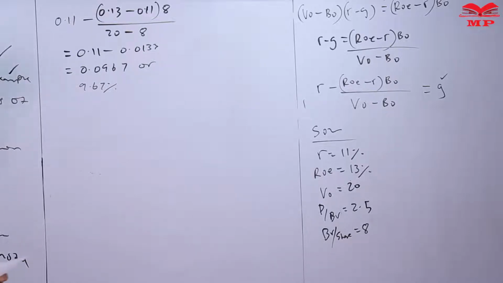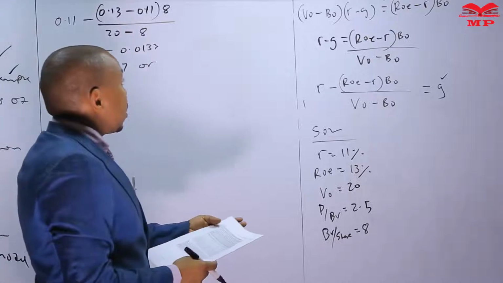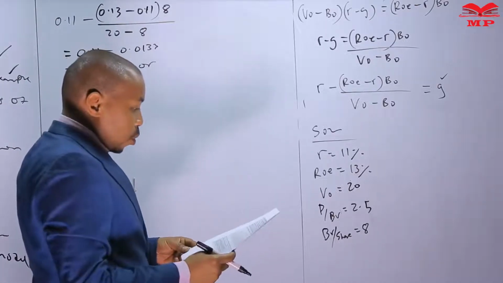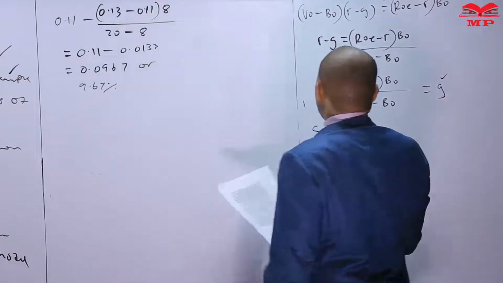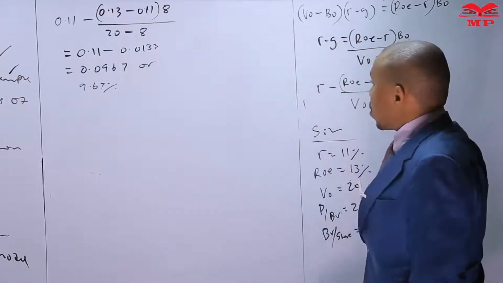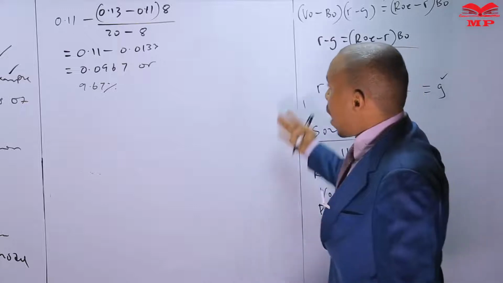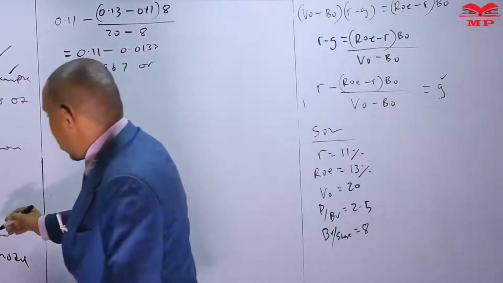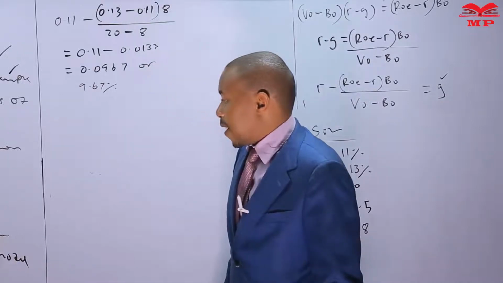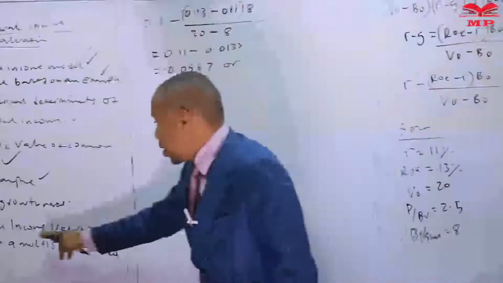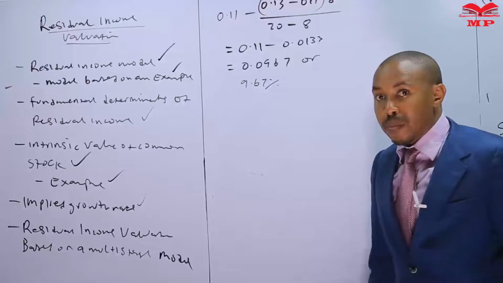Now, to conclude this second lecture, we are going to look at how to calculate the residual income based on the multi-stage model there. Having built all of these concepts right up to that point where we have the implied growth rate right there, we need to look at the residual income valuation based on a multi-stage model.